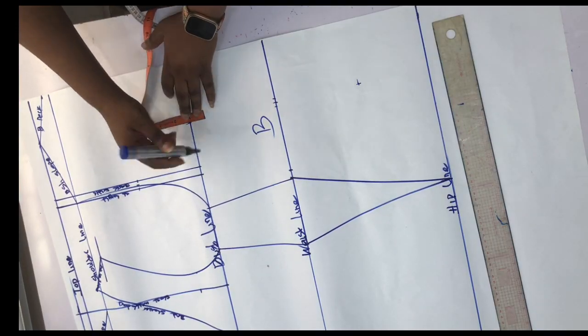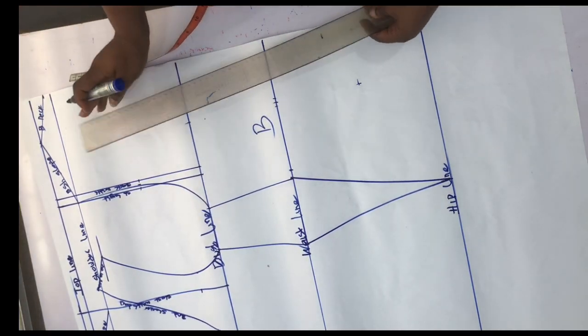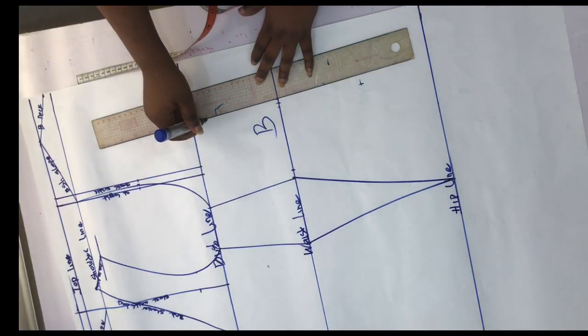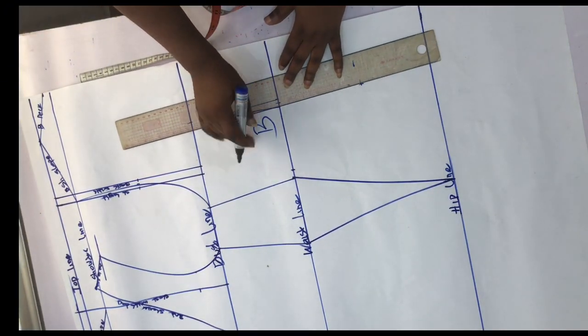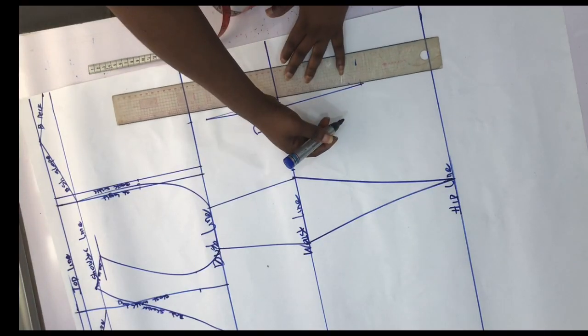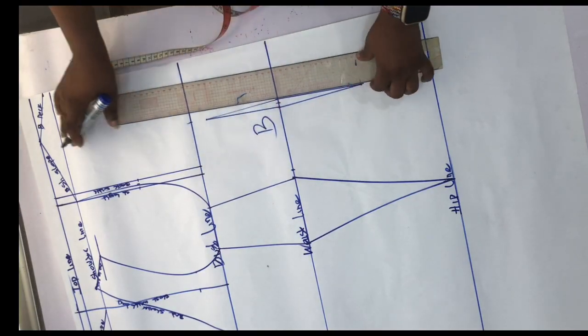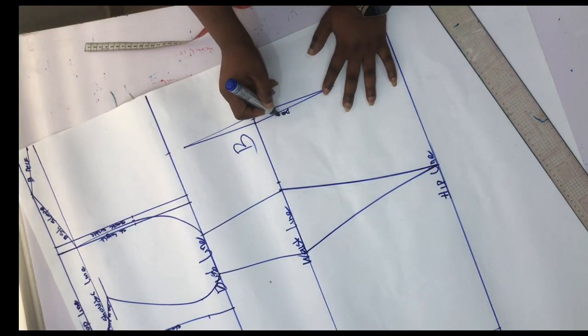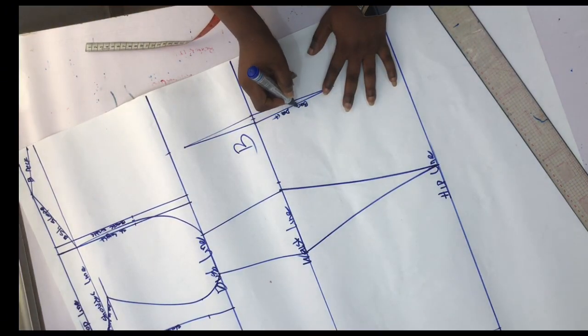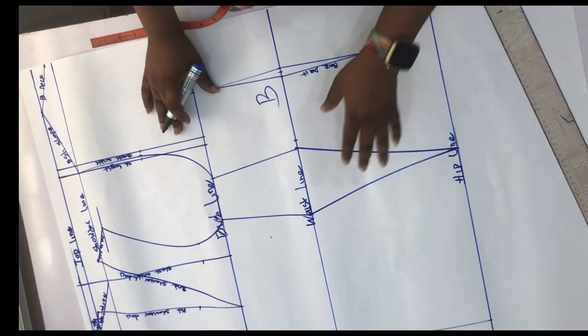Then I'm going to be measuring my bust distance. Then I'll be coming down by 1 inch on that bust distance. Then I'll mark it. So from there, that's how I'm going to be getting our dart for the back.